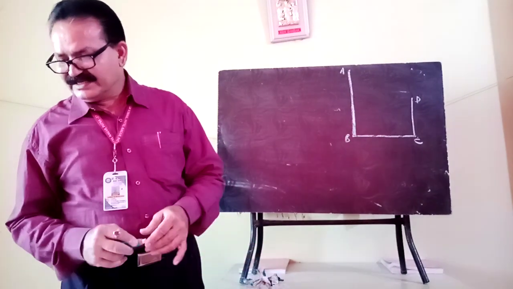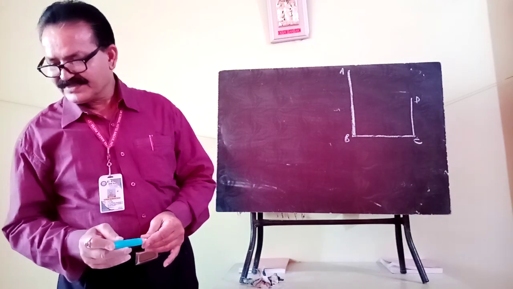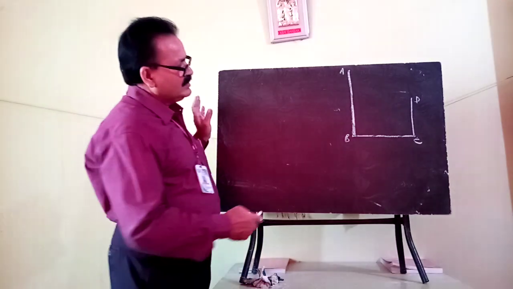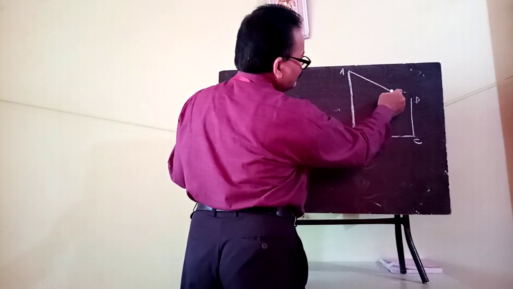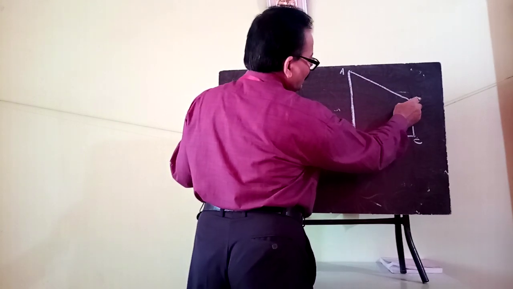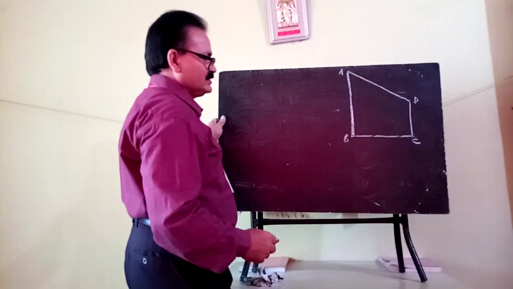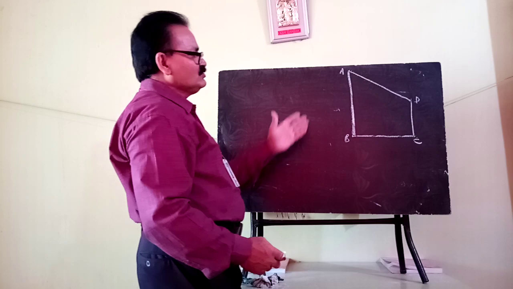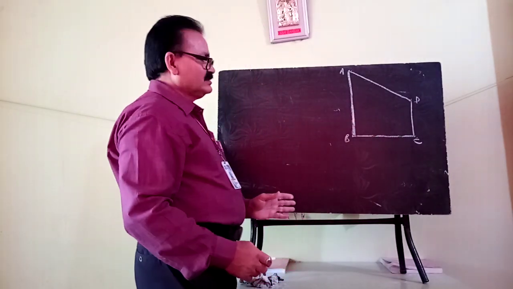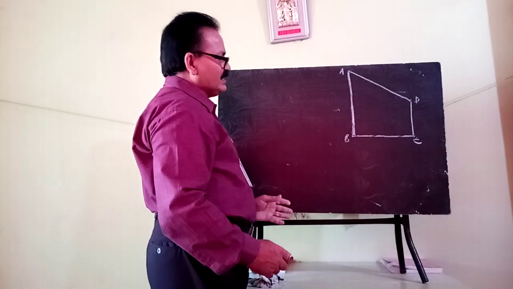Now your target is, if you join the tops of both poles. This is the length of the road where two poles are inserted on the roadside.